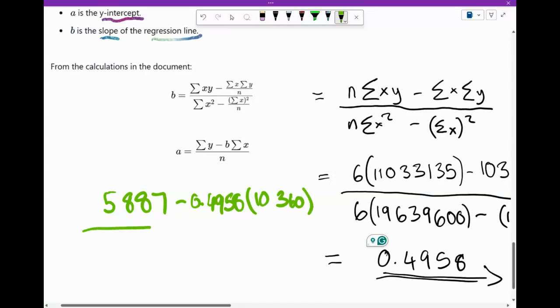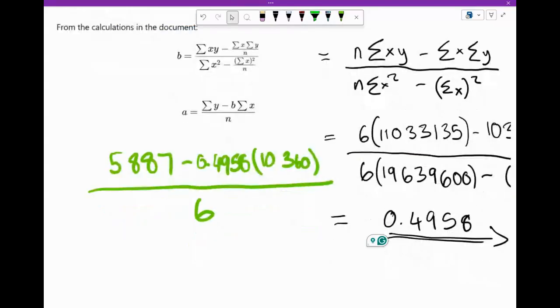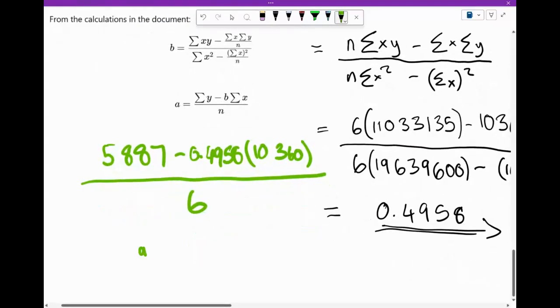Okay, then divided by n, the number of values, which is 6, as was highlighted earlier. So what is our intercept? What is a equal to?